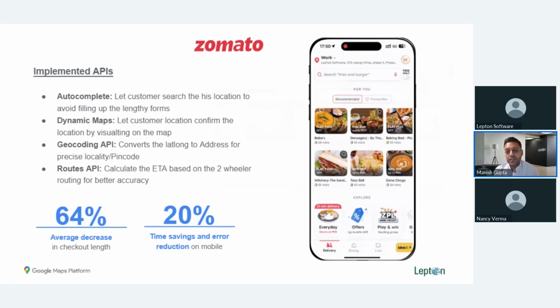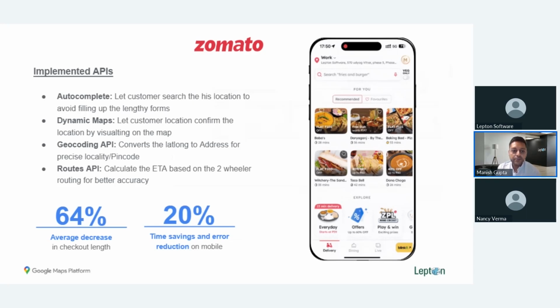Here, if you see, they have given a platform where you can drag and drop your PIN. The moment you drop your PIN, it automatically converts the lat long into the address, auto-fills certain fields, and only lets you add the building number or the floor number. The rest is already pre-filled.